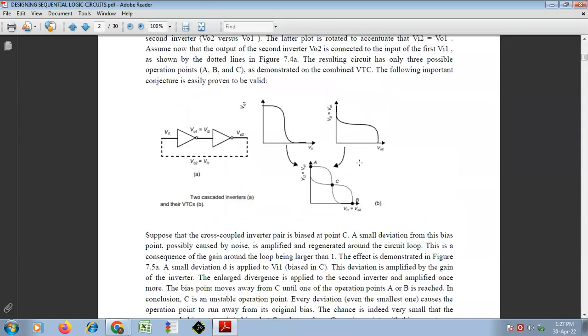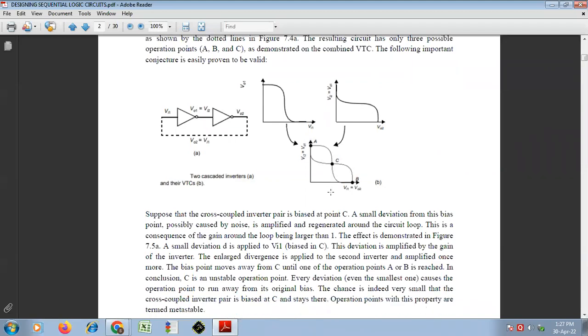That means because of this deviation and noise being added, the bias point will get shifted here and there. Because of that deviation, the loop gain goes greater than 1.